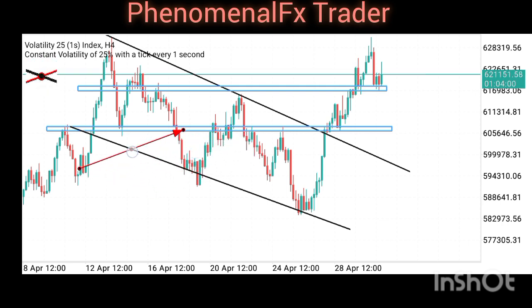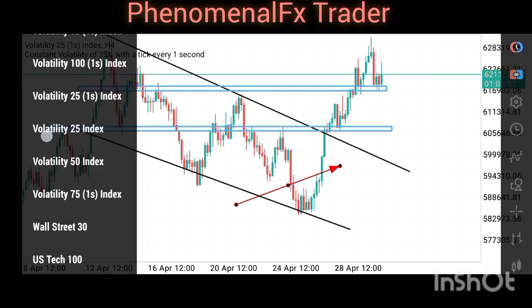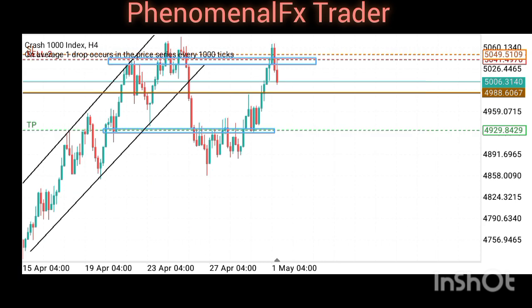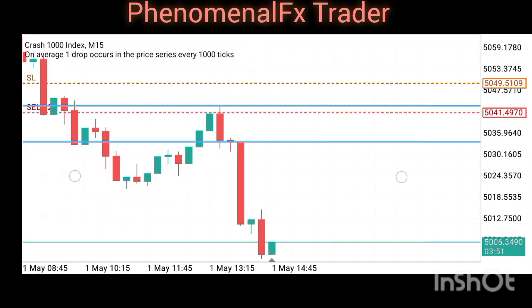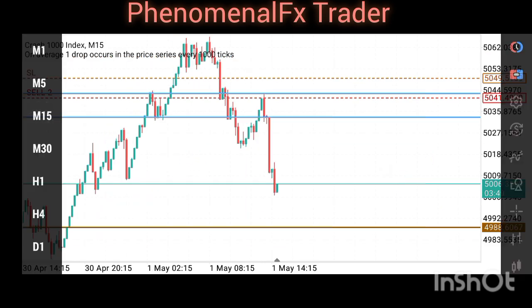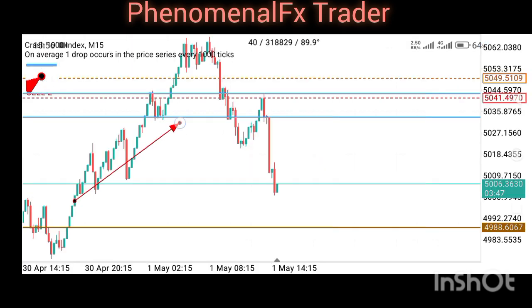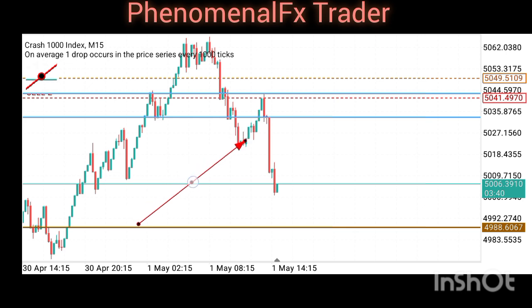It's not difficult. And also, if you look at that particular trade I took on that Crash 1000 index, guys, if you go to the 15 minutes time frame, let me show you something. All right, now see what is happening here. You can see that the market sold nicely, then it started creating some kind of lower highs and lower lows, then it bought.